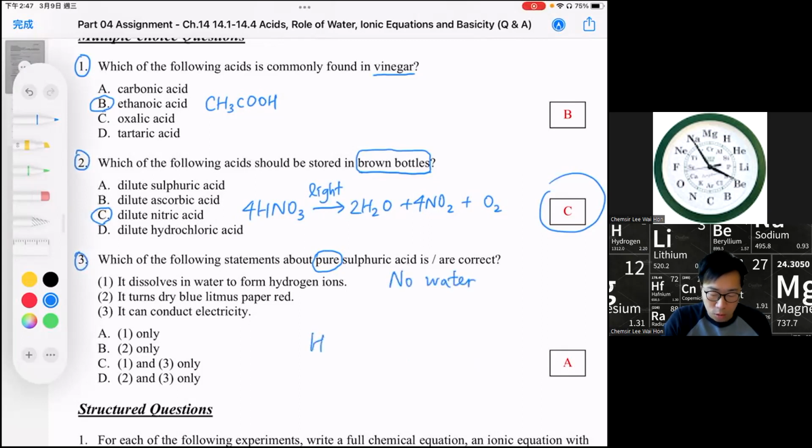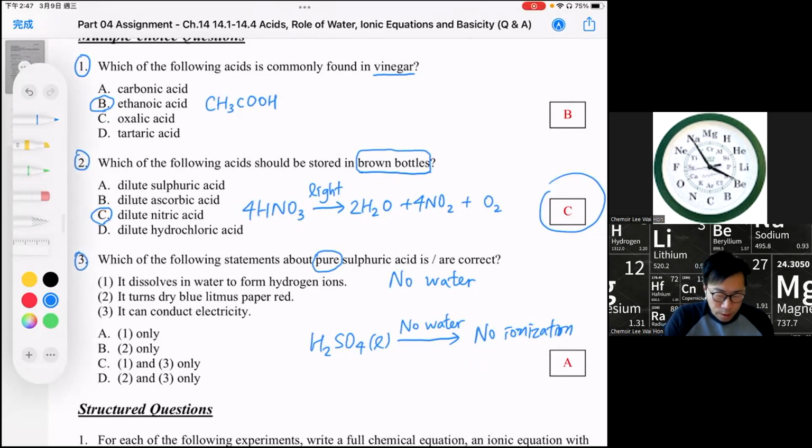Only the H2SO4 sulfuric acid is present. It is a liquid at room temperature. If there is no water, you should know that the ionization of the acid to give ions will not occur.